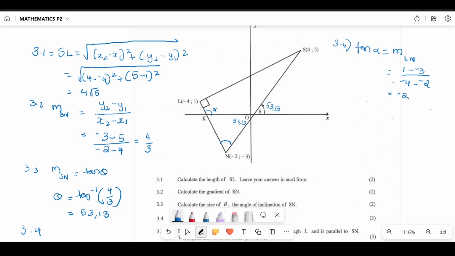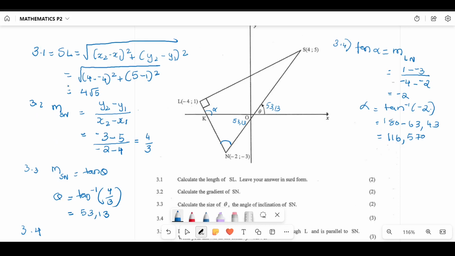So alpha equals tan inverse of negative 2, which will give you a negative answer in the calculator. The moment you see a negative answer, you must know it's in the second quadrant. So it's 180 minus the answer, which is 63,43. So alpha is 116,57. That is angle alpha.